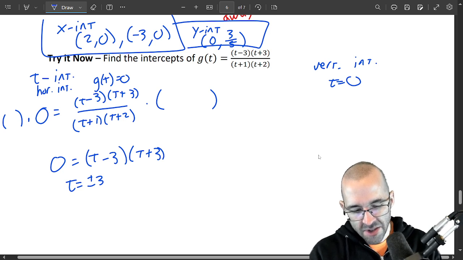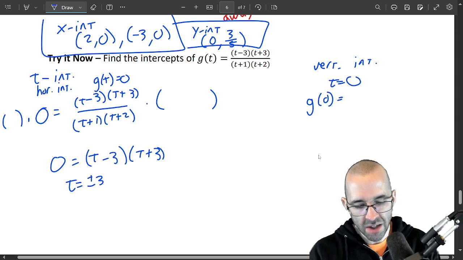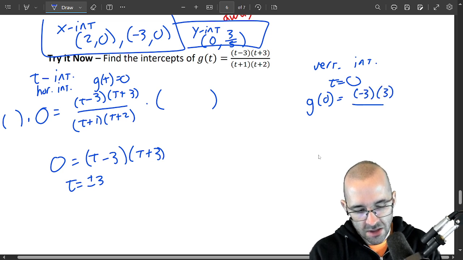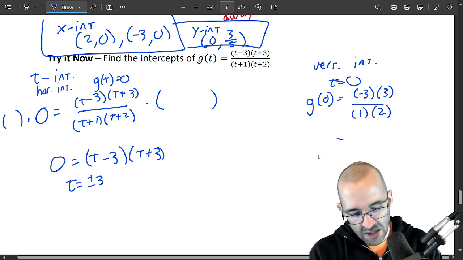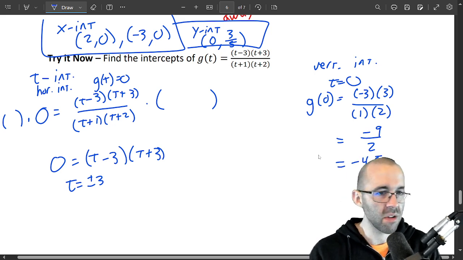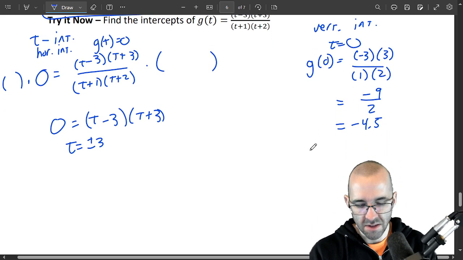Similarly, our vertical intercept is when t is equal to 0. When we plug in 0, what do we get? 0 minus 3, 0 plus 3, 0 plus 1, 0 plus 2. -9 over 2. -9 halves or -4.5. However you want to phrase it.